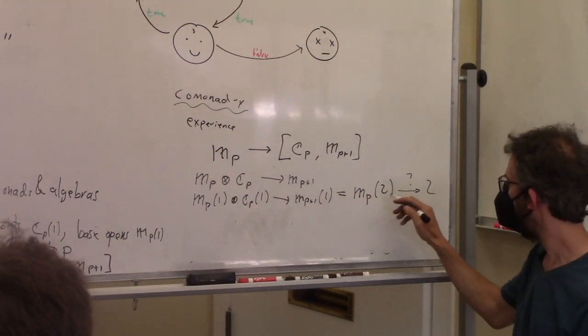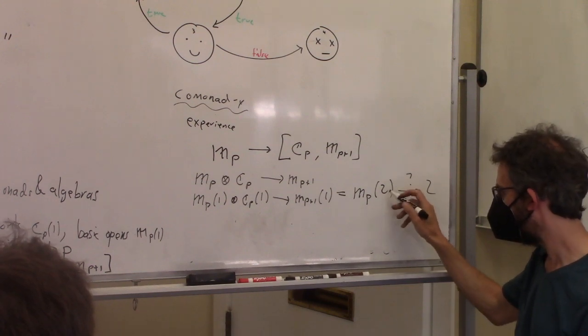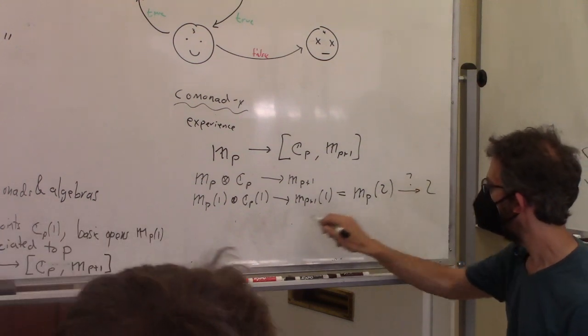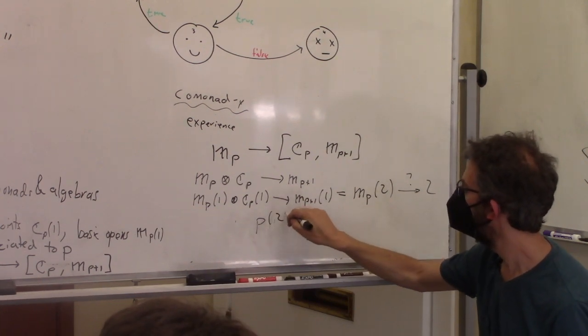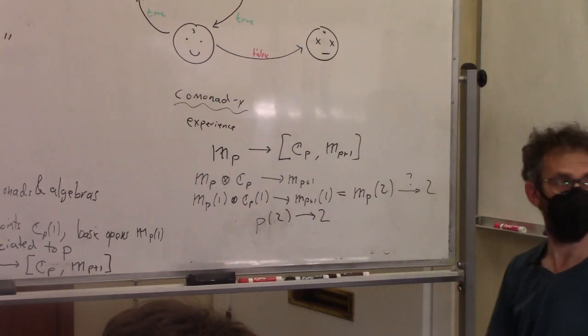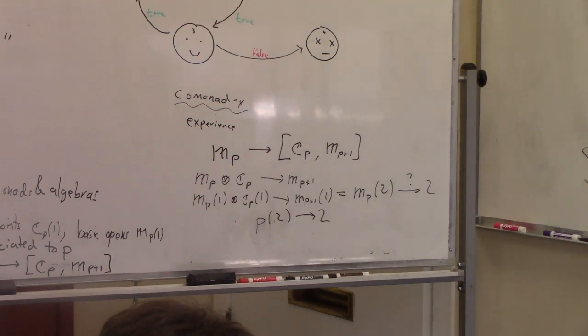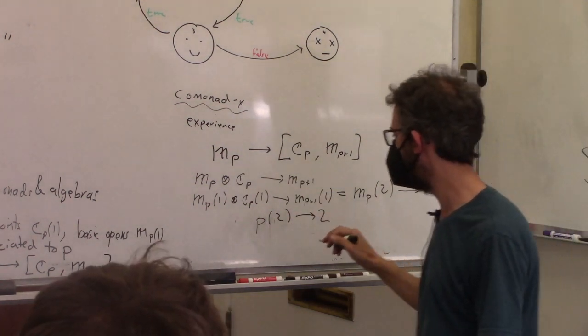But to give a P-algebra on 2 is the same thing as giving a map from P of 2 to 2, because of this fact. It's enough to give you a map from P of 2 to 2.